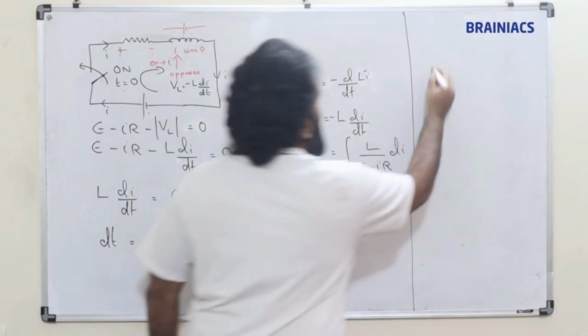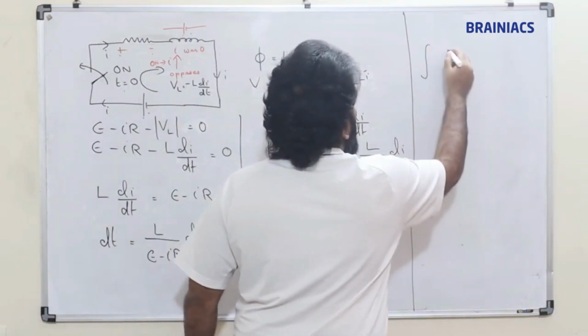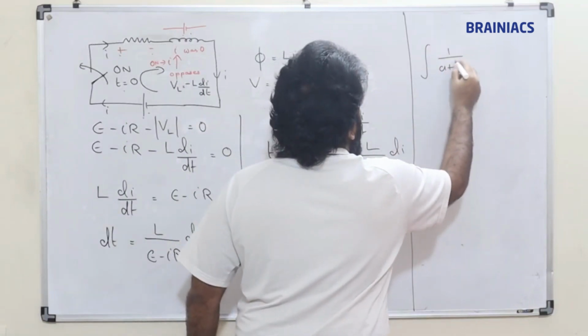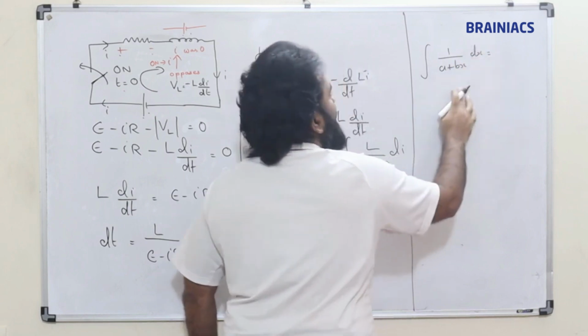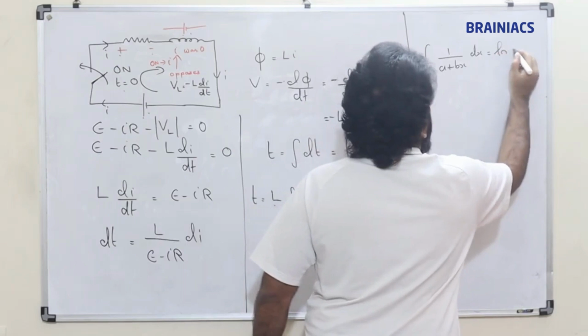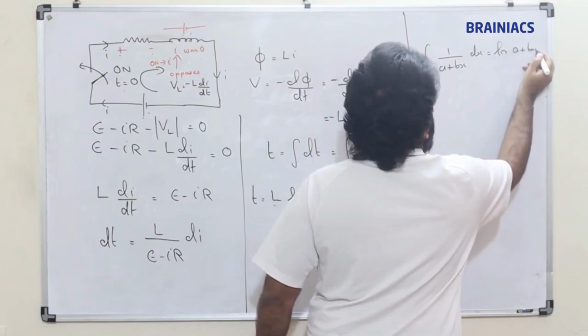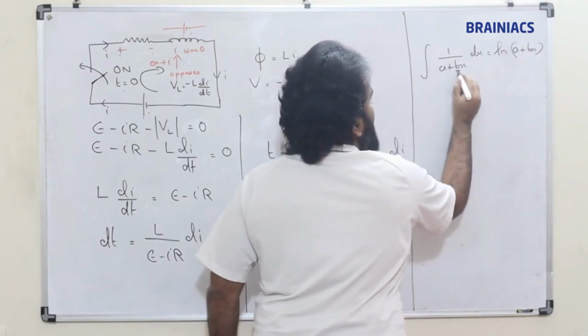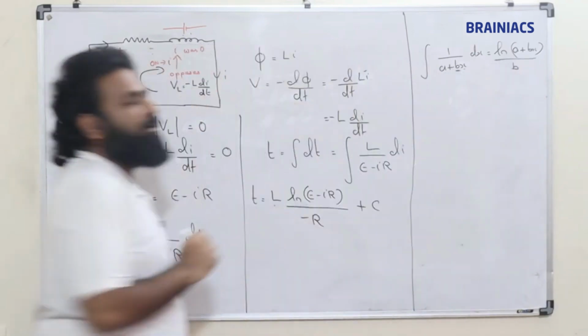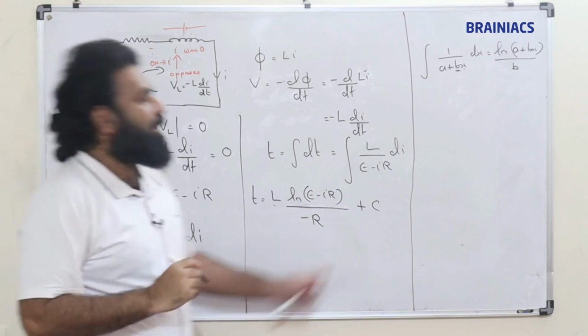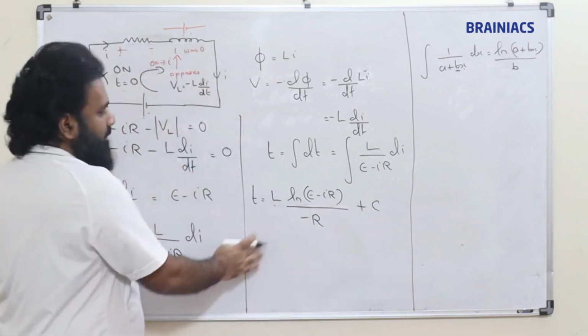How does this come? Integration of 1 by (a plus bx) dx is log of (a plus bx), and whatever the coefficient of the variable is, we have to divide by it. Clear? That is how we are getting this.